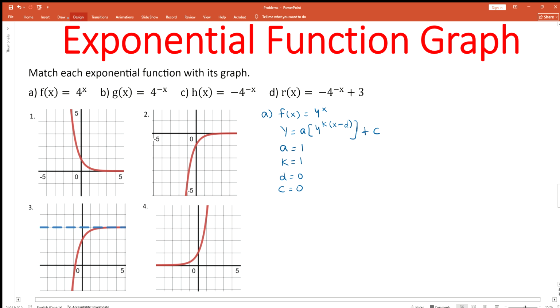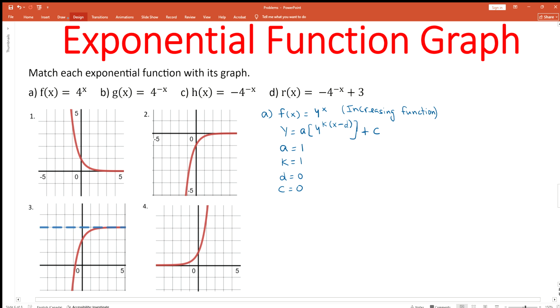As you may know, f(x) equals 4 to the power x represents an increasing function because the base is 4, which is greater than 1. That means as we go from left to right along the graph of this function, the y values or the function values increase. As you may know, an exponential function has a horizontal asymptote.